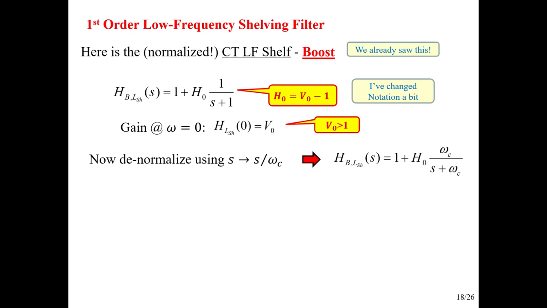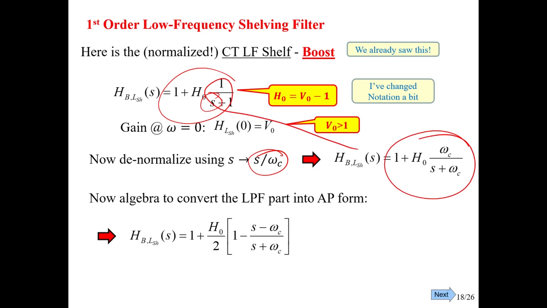Okay. Now we're going to denormalize that. So that just means taking S and replacing it by S over whatever our cutoff frequency is that we want. And so this whole thing now becomes this. And now what we're going to do is some algebra, because it's not clear how this is all working, because we want to get this into a form of an all pass.